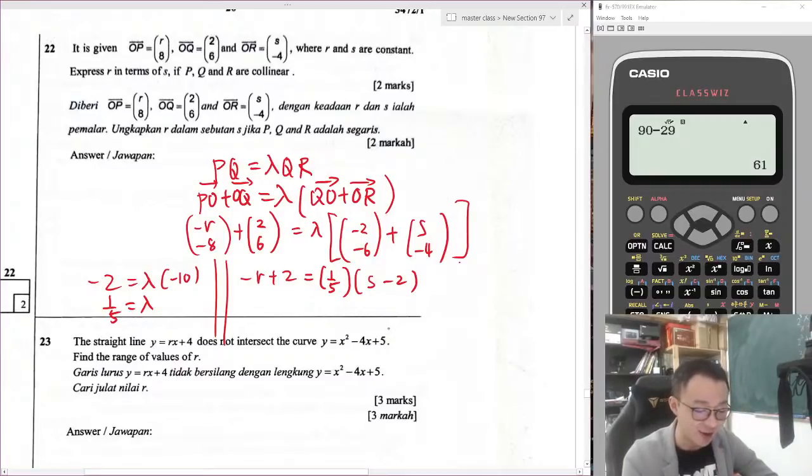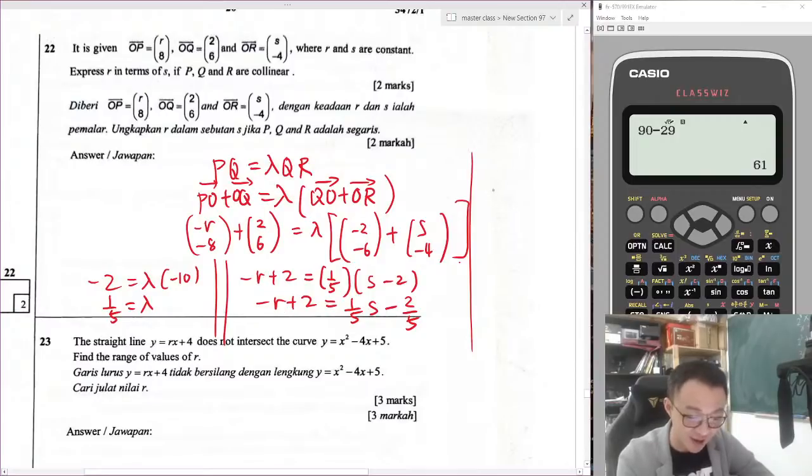I want r in terms of s, so I will just, never mind, I do step by step. Negative r plus 2 equals to 1 over 5 s minus 2 over 5. Now I will swap place.